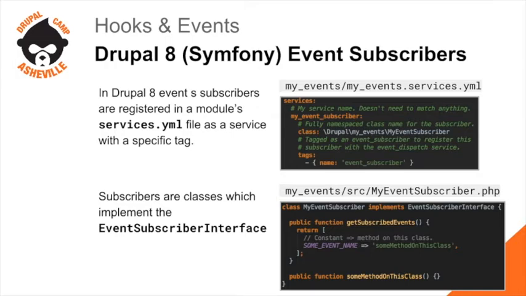So we're back to services, and in our services file we'll say my event subscriber, which can be named whatever you want, the class, and then we tag it with the tag that has the name event subscriber. And so this is why the services section came before the hook section. And so that's an event subscriber in Drupal 8.